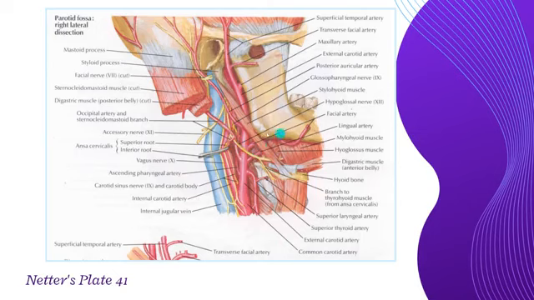As it enters into the oral cavity, it's going to pass deep to the mylohyoid muscle. So you see the mylohyoid muscle here. There's the hypoglossal nerve traveling deep to that mylohyoid muscle. It's also going to travel over the lingual artery.